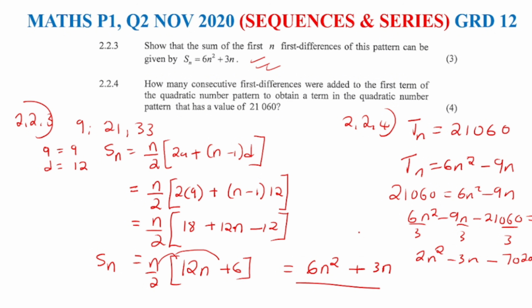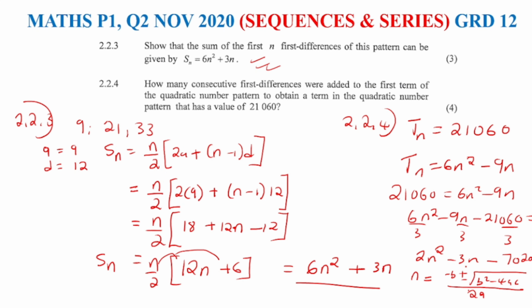I'm not going to do it here, but you can go ahead and use the quadratic formula. You all remember the quadratic formula is there on your formula sheet, given by n = (-b ± square root of (b squared - 4ac)) / 2a.